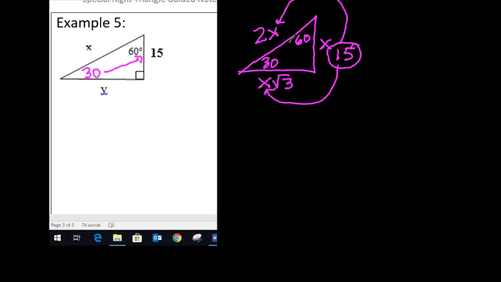So this one's got to be 2 times 15, so this has got to be 30. And this has got to be the 15, just adding on the square root 3. So we're just plugging that in place of x, which is here across from 60. So this is 15 square root 3. And look at that, how fast that was. We are done.